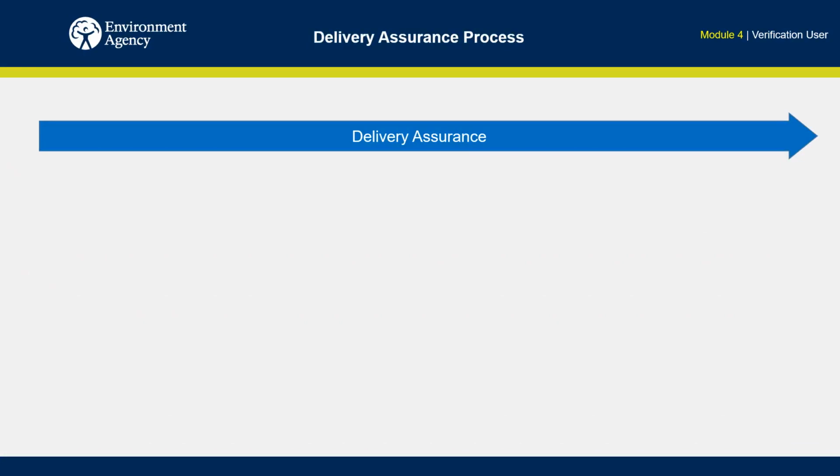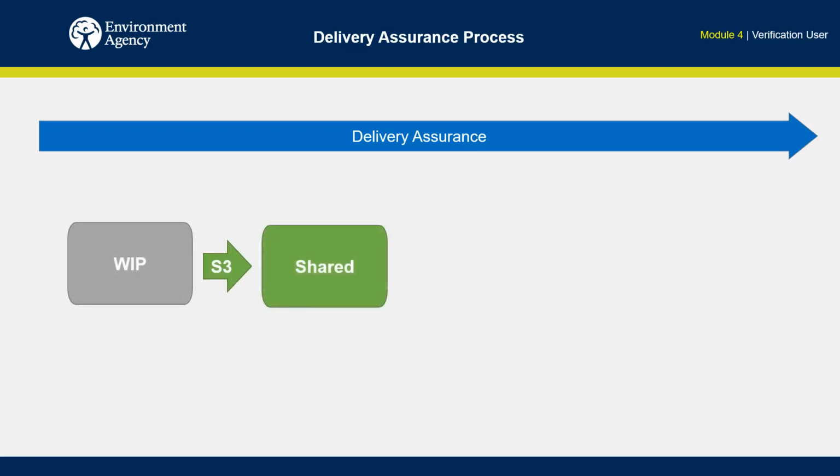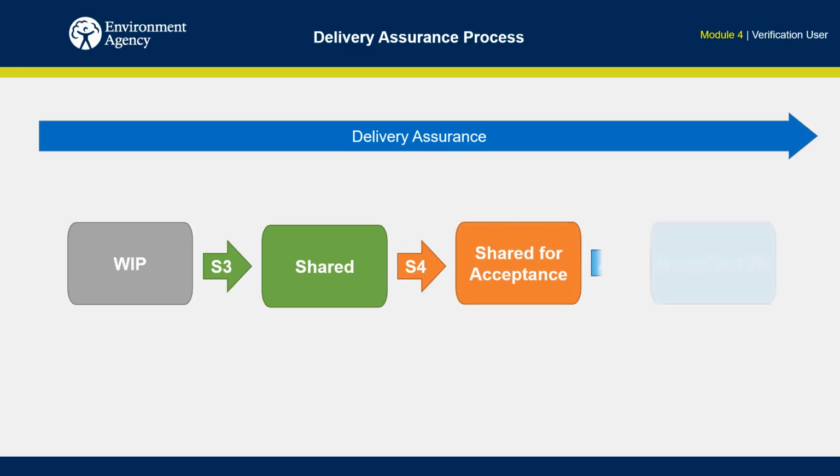There are several stages in the delivery process through which graphical products are developed from work in progress, shared for collaboration, and shared for stage approval, before being published to the common data environment. These are the fundamental principles of information management covered in the BIM Basics modules.